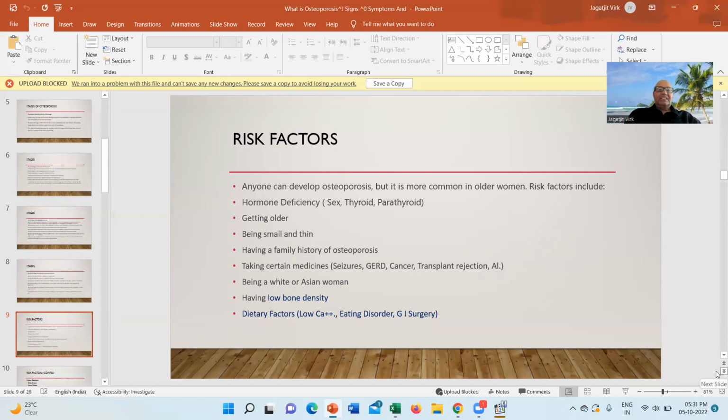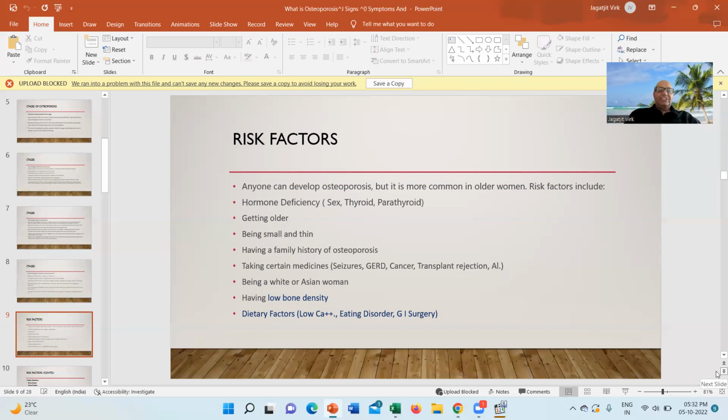Being small and thin, having a family history of osteoporosis, and taking certain medicines for seizures, epilepsy, GERD, cancer, transplant rejection, or aluminum hydroxide for gastritis are also risk factors.